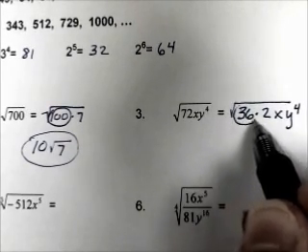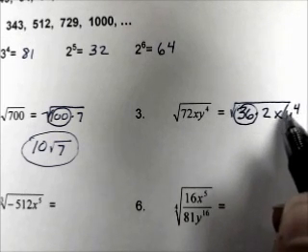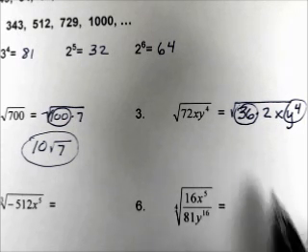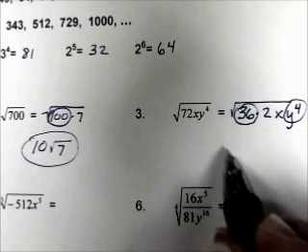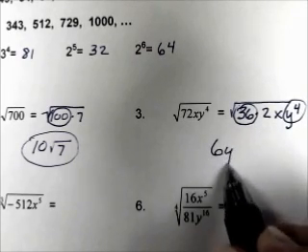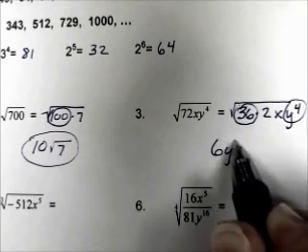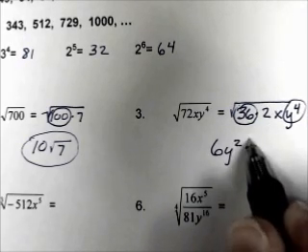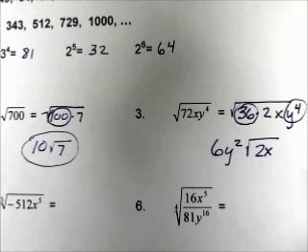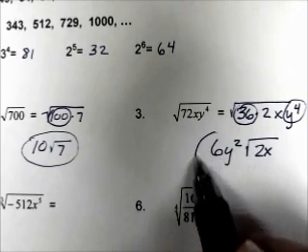Circle our perfect factors, right? 36 and y to the 4th are perfect squares. Take their square roots. 6, the square root of y to the 4th is y to the 2nd, right? Divide it by 2. And then the square root of 2x remains as the radical. So 6y squared, square root of 2x.